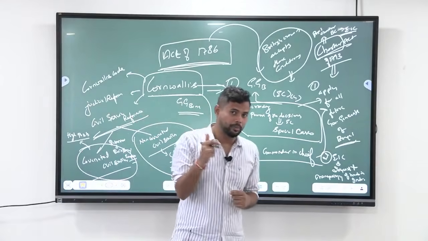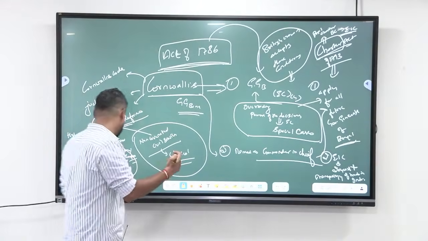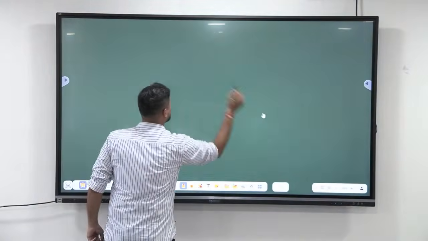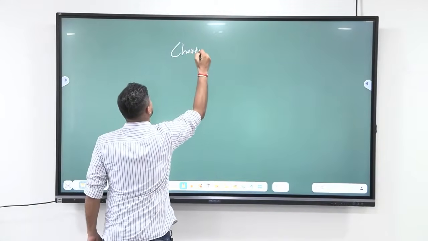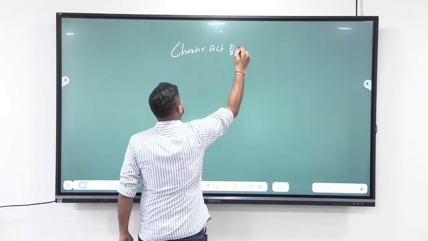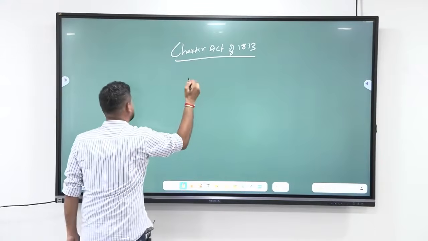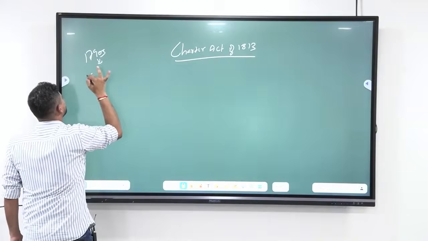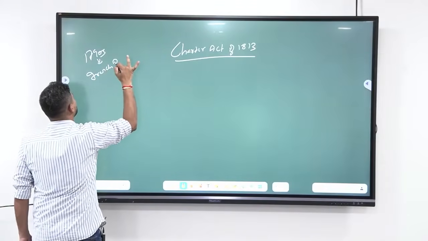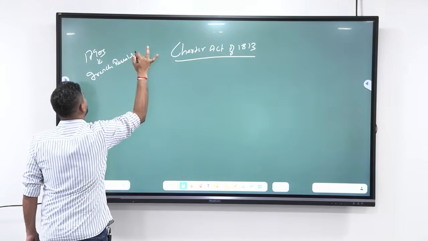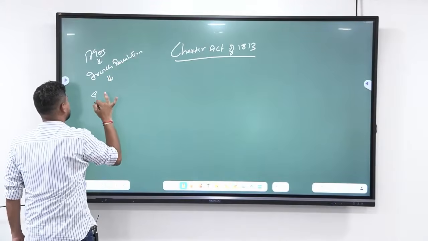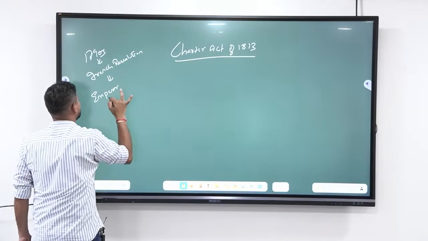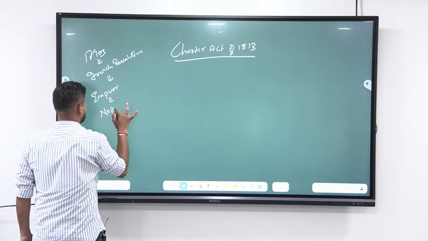Now let us learn about the Charter Act of 1813. Again, it is very interesting. If you take the Charter Act of 1813, what you should understand is the pretext. In the 1790s, France underwent the French Revolution, and the outcome of this revolution resulted in the first emperor of France, Napoleon.